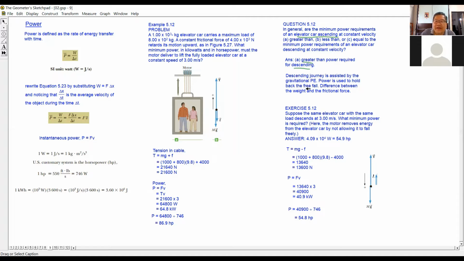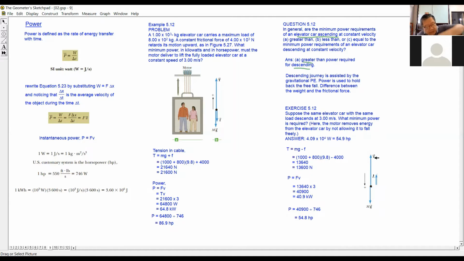In order to understand what I'm talking about here, look at the diagram over here. In the diagram, the cable is pulling the object upward, holding it back, preventing it from falling freely. Then the weight of the object is pulling it down.